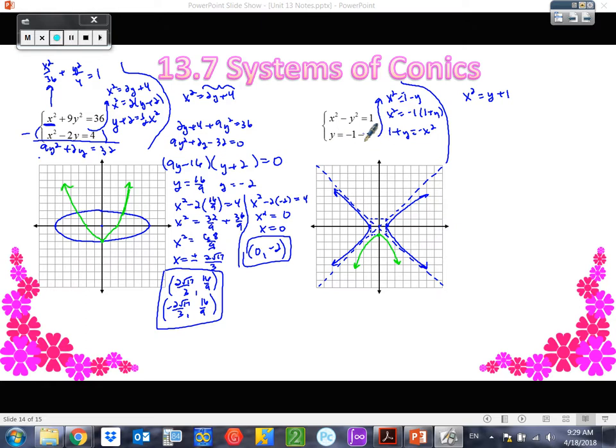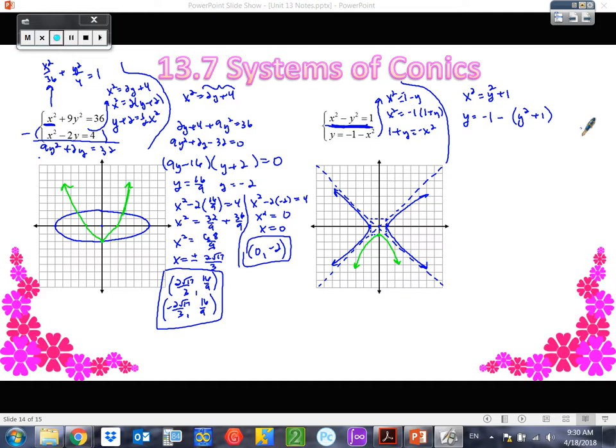Oh no, I did this one, sorry. I took this first one and, just so I could keep things positive, I moved the y squared over, and I have x squared equals y squared plus 1. So I'm taking the top one and solving for x squared and subbing it into the bottom one. So y equals negative 1 minus, and then I'm going to open this spot for x squared and insert the y squared plus 1. But again, you could have done it the other way too. It doesn't really matter. Whatever you like.